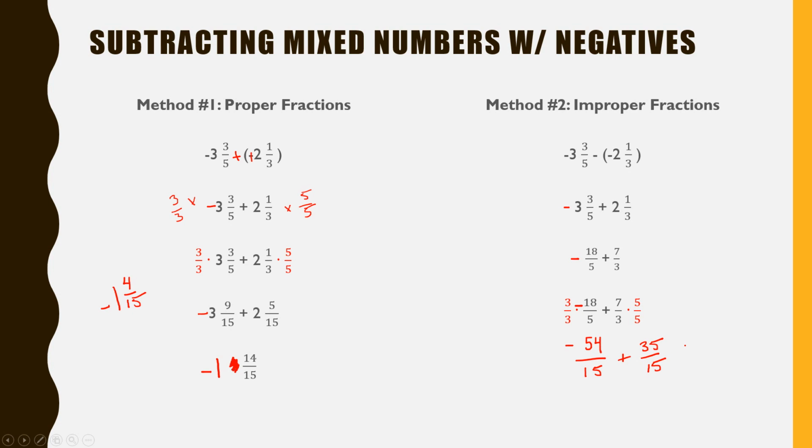And since the signs are not the same, we end up having to subtract. So negative 54 plus 35 is a negative 19, because we have to take the higher sign, which makes it over 15. And you can leave your answer like that, or like we did before, you can change it into proper as well.